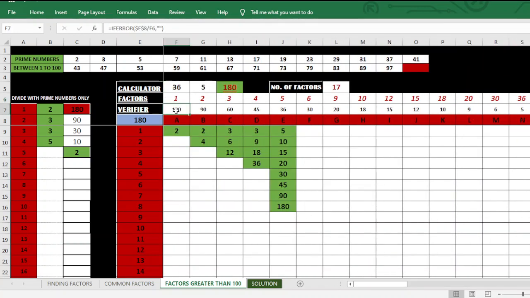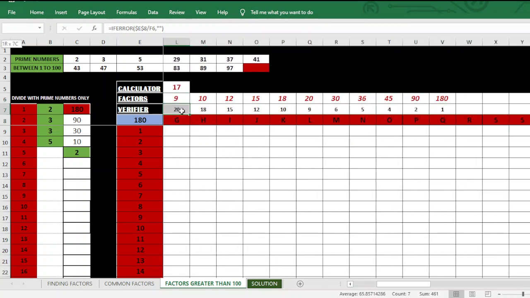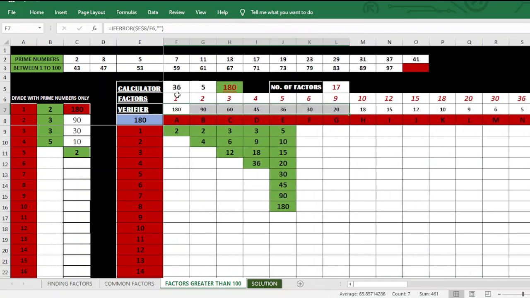And for our verifier, you can see we don't have any decimal, which should tell us our work is absolutely correct. Don't forget our factors should always start with 1. And then we arrange the rest of our factors in ascending order.